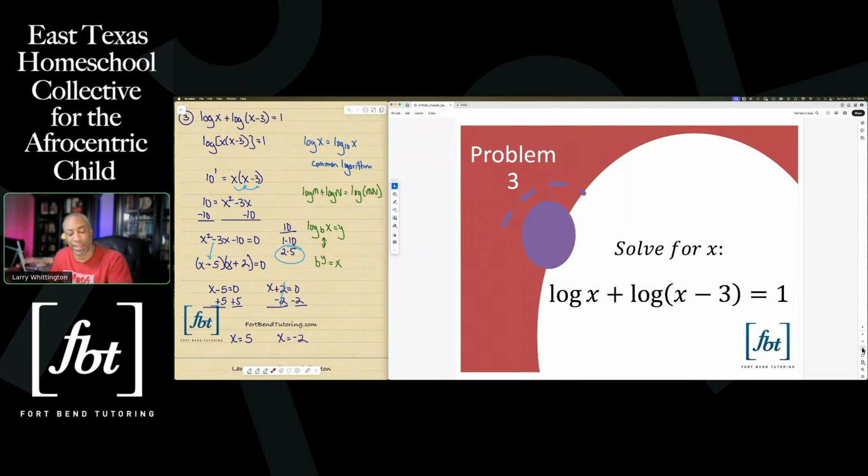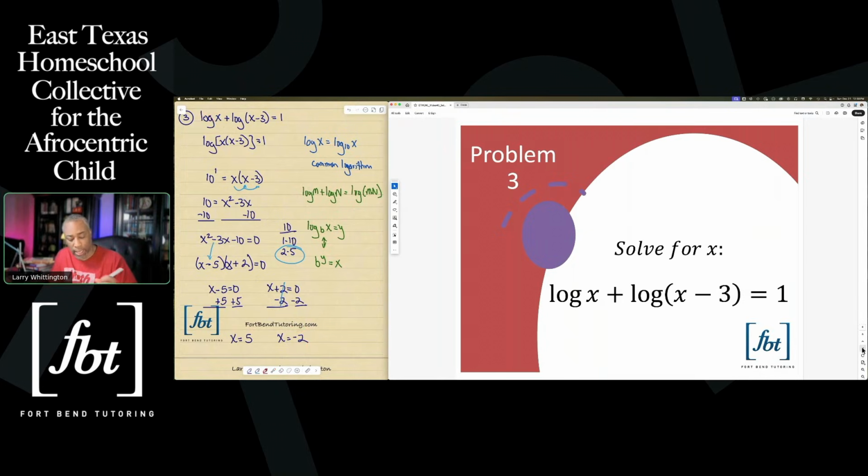So what we'll do next is check out the negative 2, all right, because the 5 worked. It didn't cause any negative arguments, or negative values when we're trying to take the logarithm of it, nor did it cause any zeros, so we're good there. So now plugging in negative 2, if I try to plug in negative 2 into this first argument here, I'm going to end up with a negative value, and I can't have that.